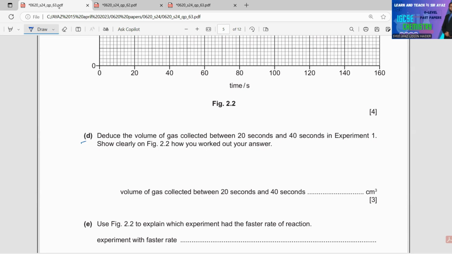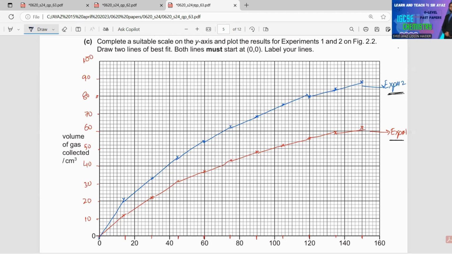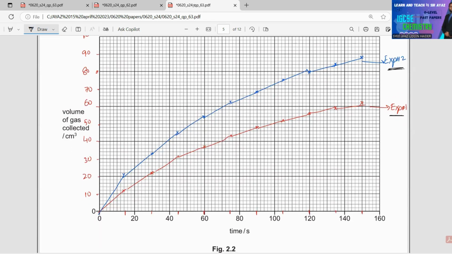So gas collected between 20 seconds and 40 seconds for experiment 1. Between 20 and 40.